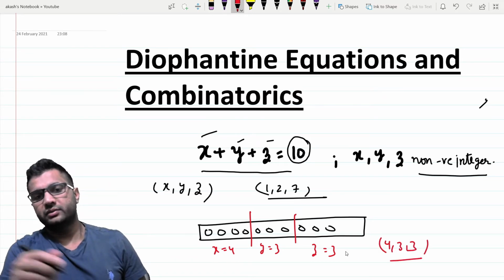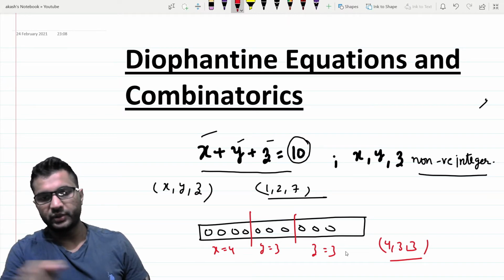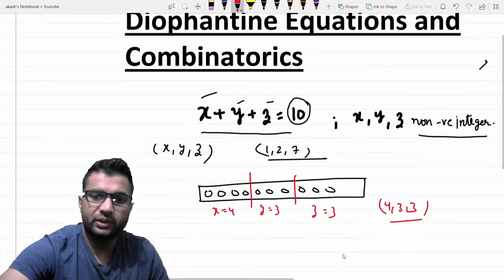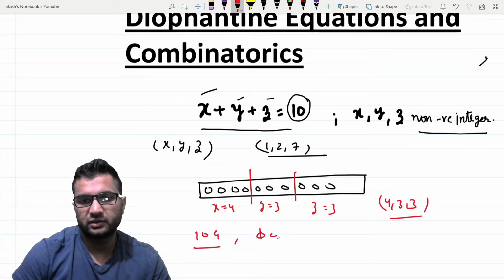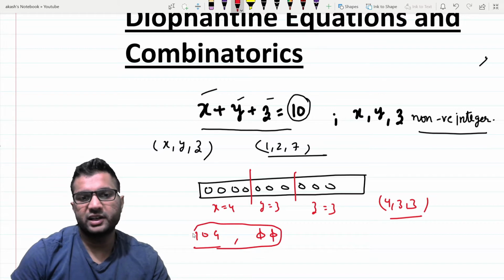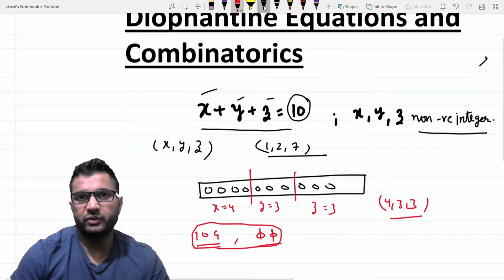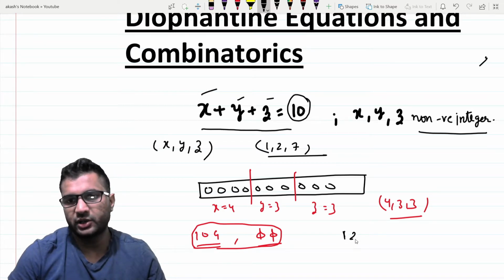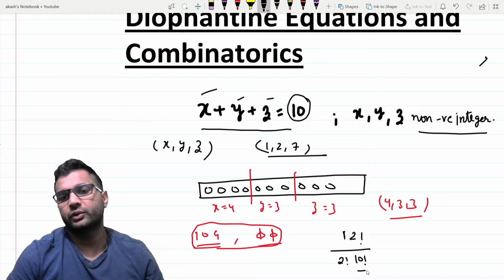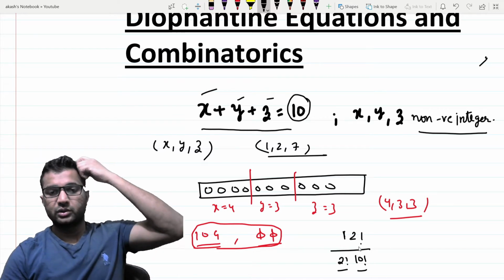So in how many ways can we place these two cuts in between these 10 coins? The answer is simple. This will be equal to the arrangement of these 10 identical gold coins and two cuts. So the answer is the arrangement of two kinds of things, in which we have 10 gold coins and two dummy coins. This arrangement can be done using the simple method in combinatorics for arrangement of identical things, that is 12 factorial divided by 2 factorial times 10 factorial: 10 factorial for the 10 gold coins and 2 factorial for the 2 dummy coins.